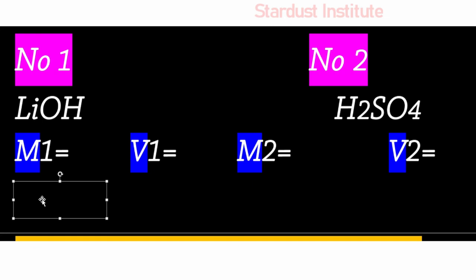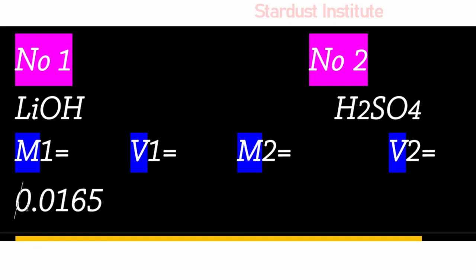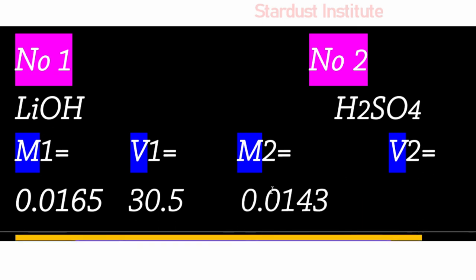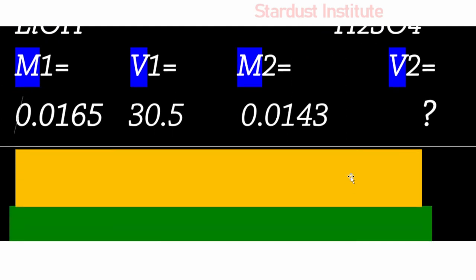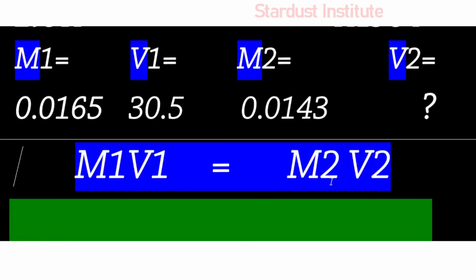We know M1, it has been given, 0.0165. We know V1, it has been given, 30.5 milliliters. We know M2, it has been given, 0.0143. We don't know V2, we have to find it. Now we can create an equation like this: M1 V1 equals M2 V2.